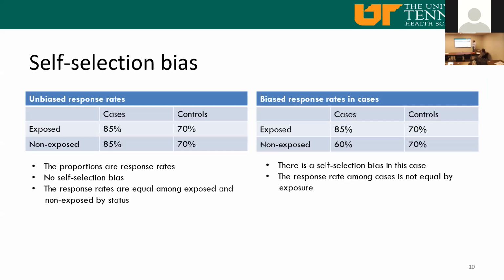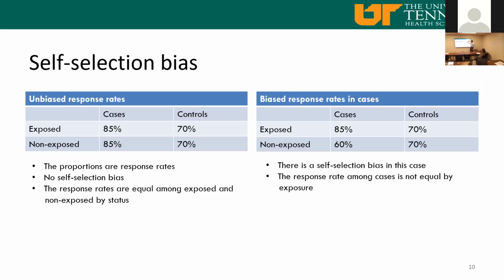In the second table, there is a biased response rate in the cases. Still, we have about equal response rate in the controls, while under the cases, about 85% responded to the questionnaire, while only about 60% responded in the non-exposed group.